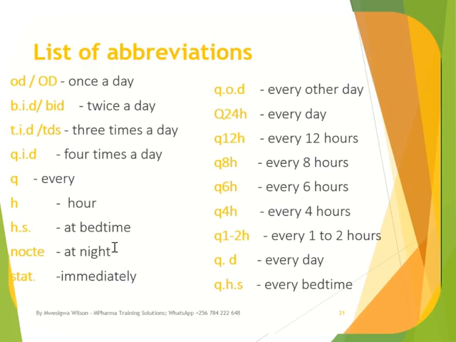Nocte, nocturnal. Stat, immediately. QOD, every other day. These are the hours which we saw earlier: if I'm having OD, it is the same thing as saying Q24H; BID, Q12H; TDS, Q8H. So if you find them on a prescription, don't get confused.